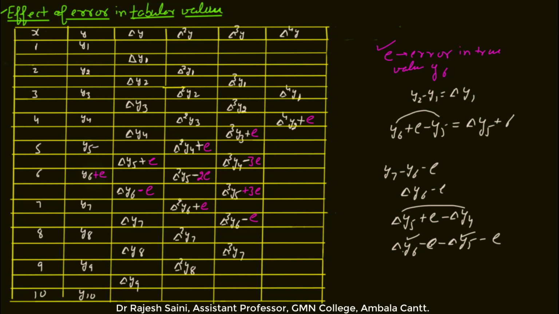So this will be delta 4 y3 minus 4e, and this will become delta 4 y4 and it will become plus 6. Fine.